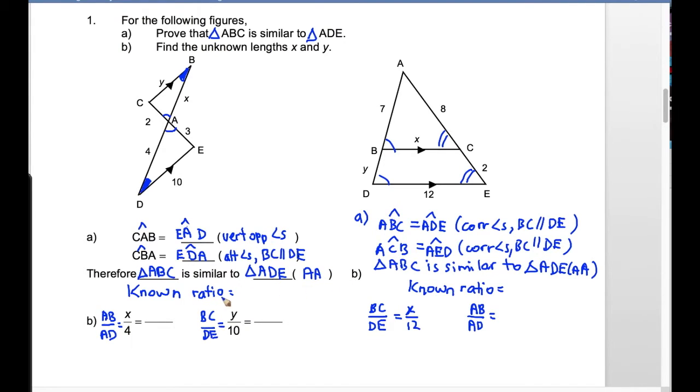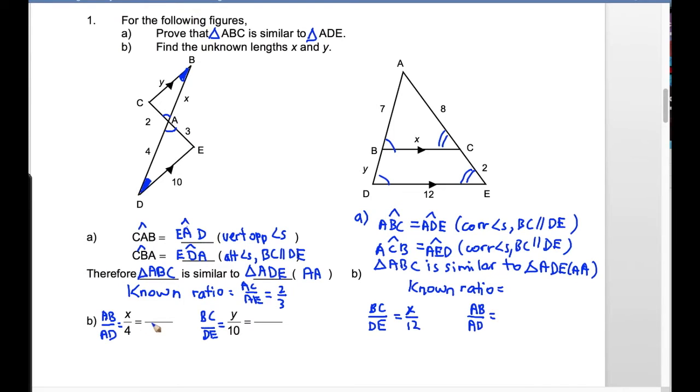Once we have done that, we will need to get the known ratio, which is from the pair of known sides AC. Since AC corresponds to AE, therefore the ratio is AC over AE, giving us 2 over 3.